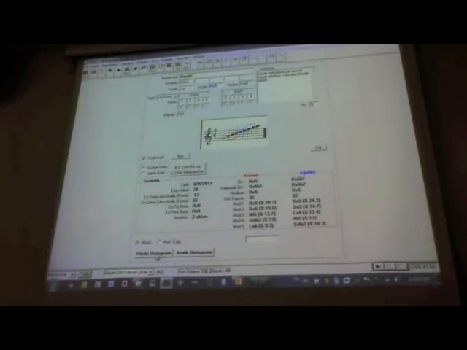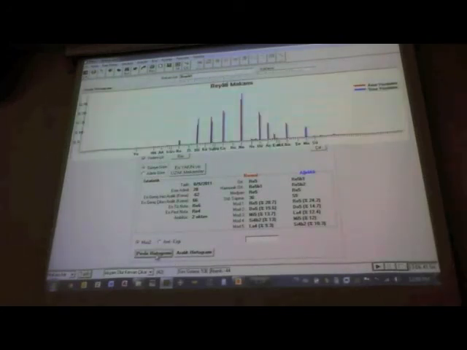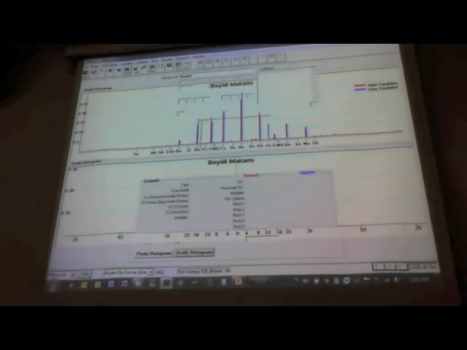For example, Arap makam. The pitch histogram is like this. The interval histogram is like this. There are 42 pieces in this makam, and there are 40 of them.